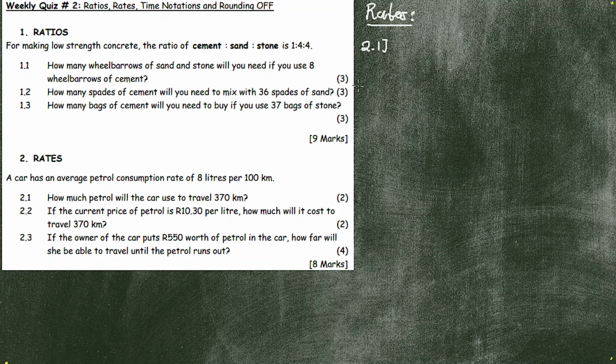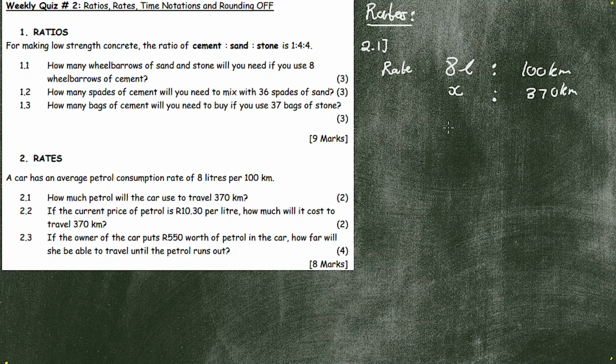So for 2.1, they want us to find out how much petrol the car will use if I wanted to travel 370 kilometers. So what is our rate? It's 8 liters per 100 kilometers. Okay, how many liters do I need? I don't know, but I know I want to travel a distance of 370.